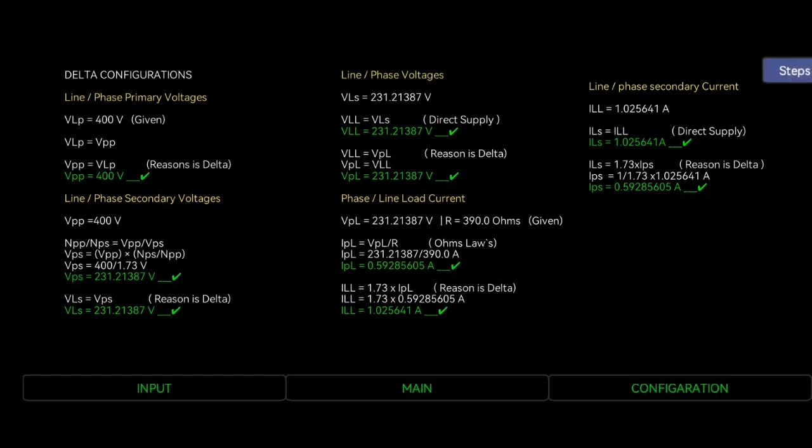Then continue with the phase secondary current. Now we are looking for the primary line current. Then this is the phase secondary, because we are using them.